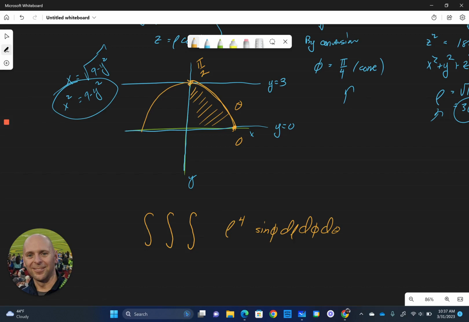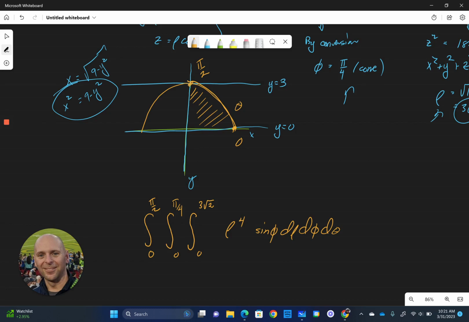Now it's just a matter of adding on our limits of integration. We found that rho was going to go from 0 to 3 root 2. Phi was going to go from 0 to pi over 4. And theta went from 0 to pi over 2. So there we have our integral successfully converted from rectangular into spherical coordinates.